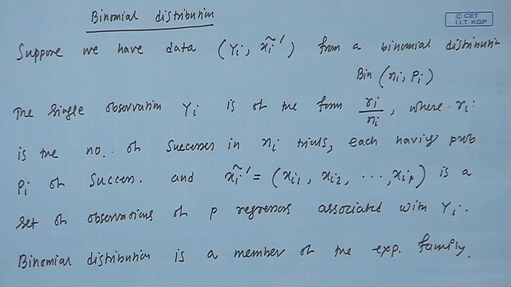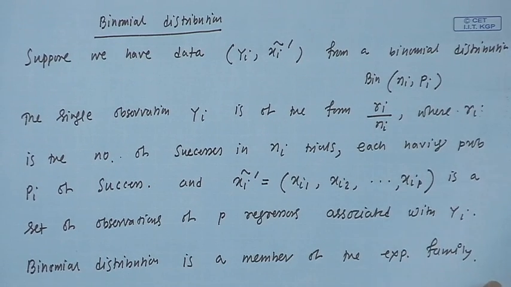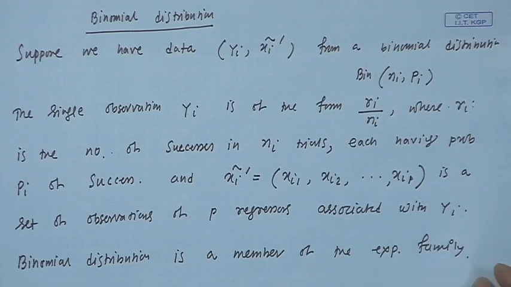Okay. So, what I will do first is write down the joint PDF, because from that one we get the natural parameter and also the link function.